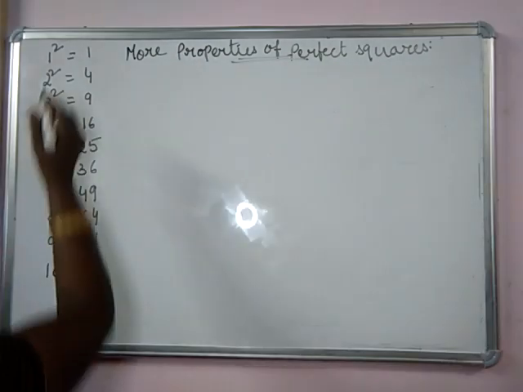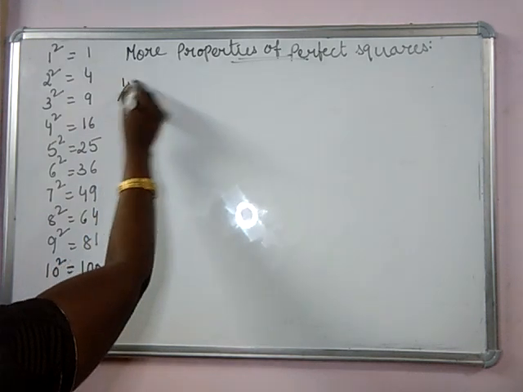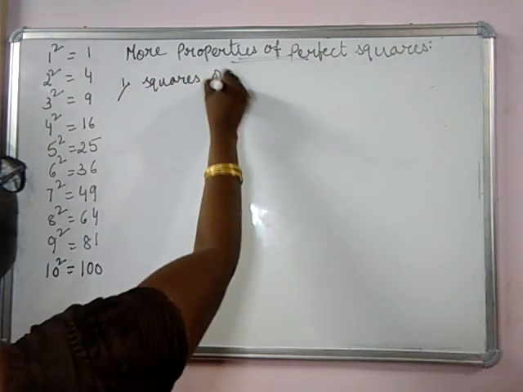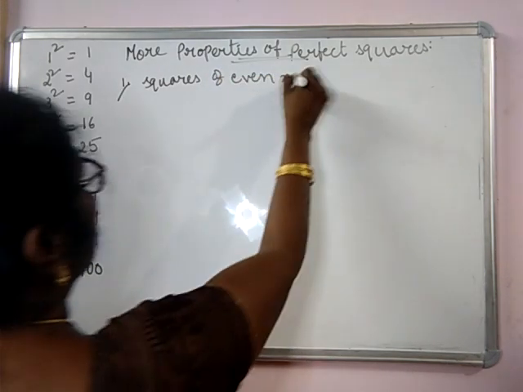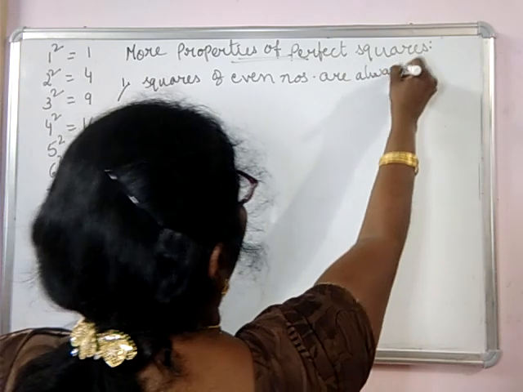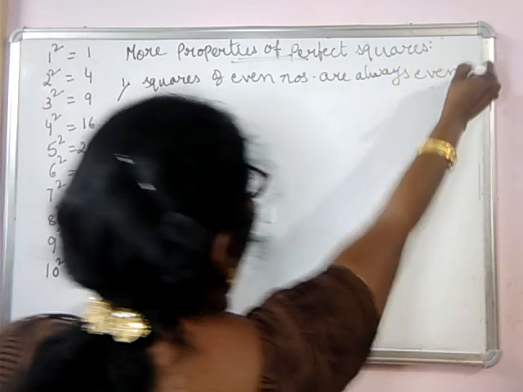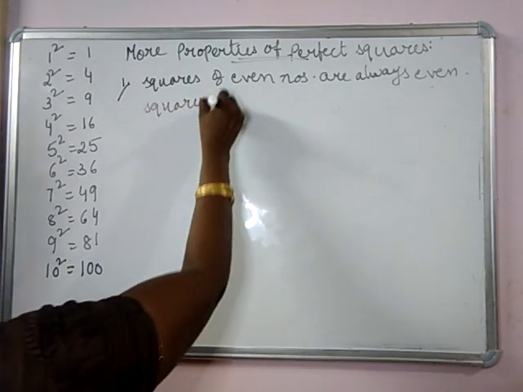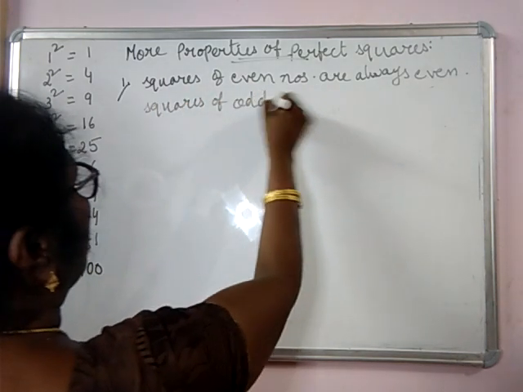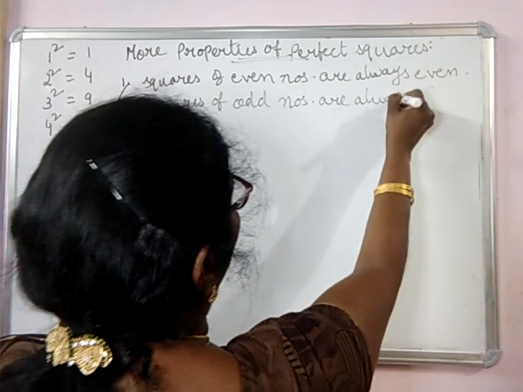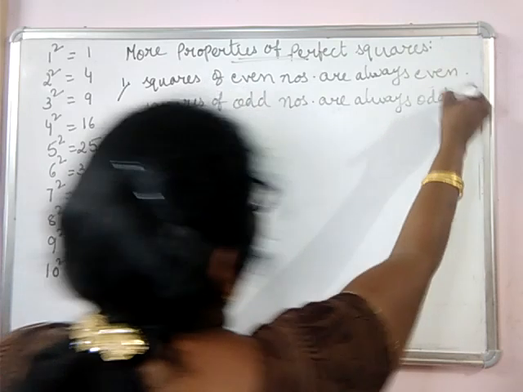Squares of even numbers are always even, and the squares of odd numbers are always odd. Let us find that from this.